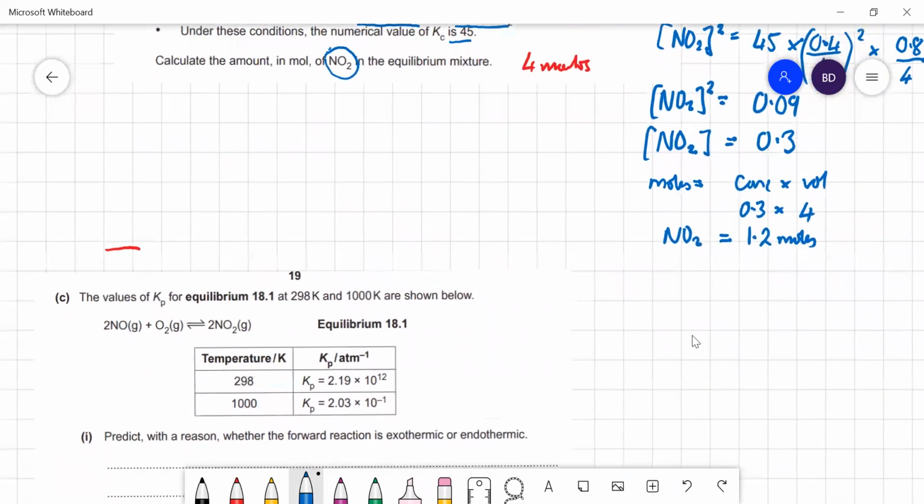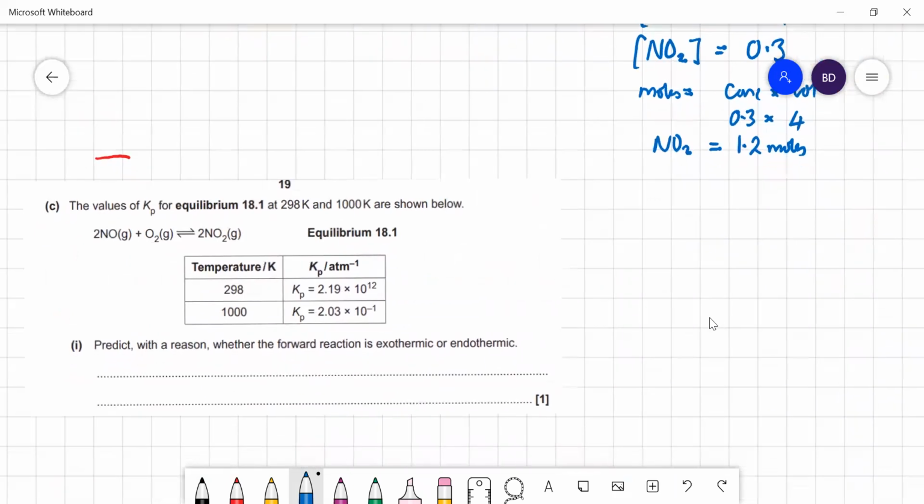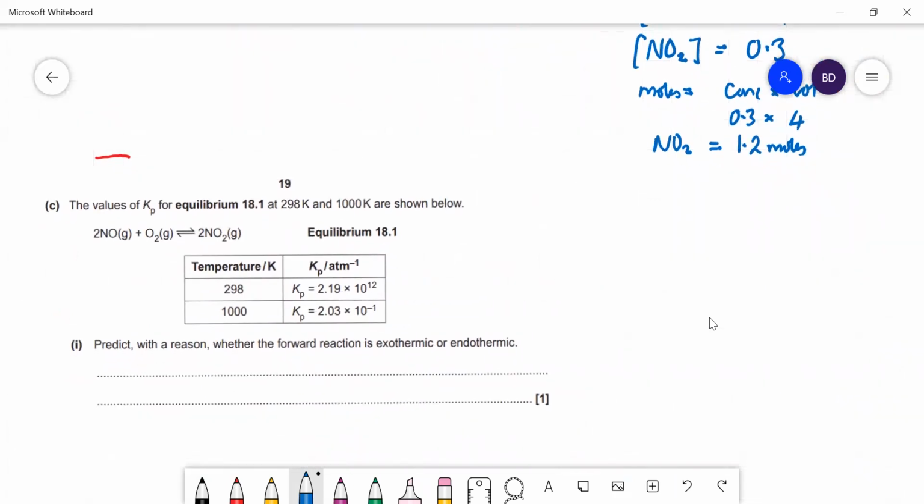And then we've got a question about Kp here. The value of Kp for the equilibrium is shown at different temperatures. Now just write down Kp for this. It's more or less the same as Kc, so Kp is going to be the products, the partial pressure of NO2 squared, divided by the partial pressure of NO squared multiplied by the partial pressure of oxygen.